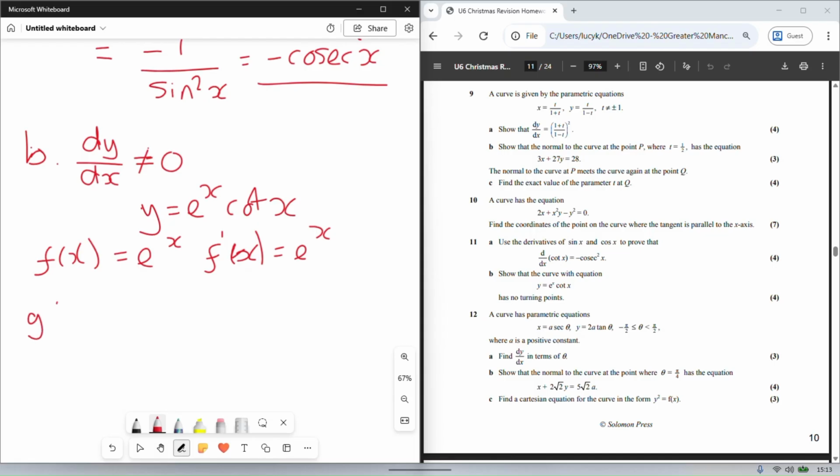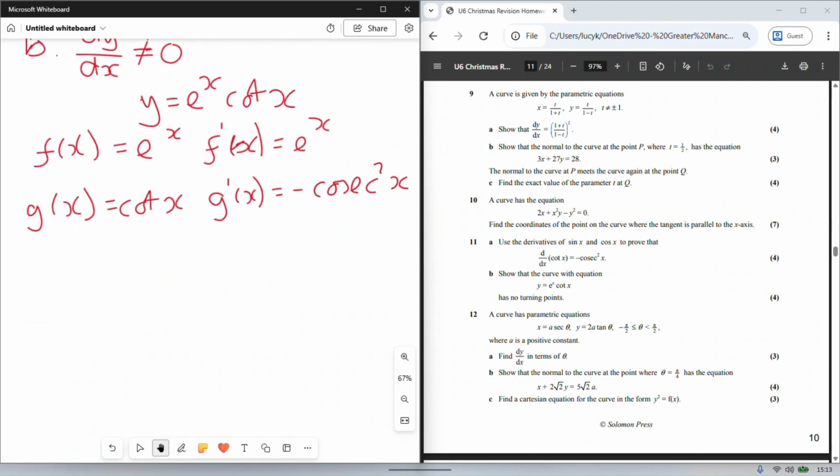And then g of x is cot x, and we know what cot x differentiates to because that was part A of the question. That differentiates to minus cosec squared x. So if it's part A, part B, always look at whether the thing you've just done is helpful. That's just exam technique at this point.